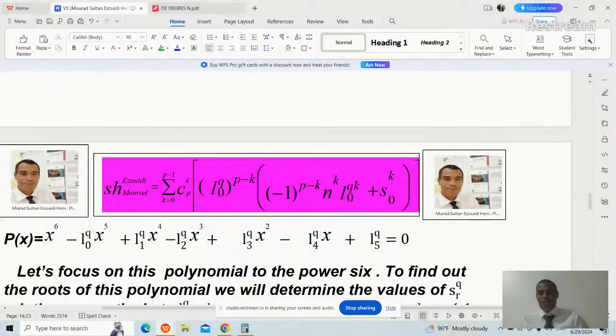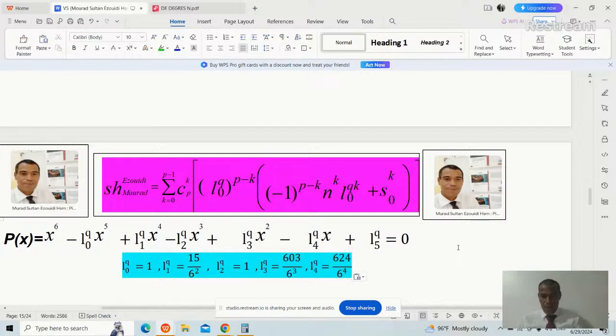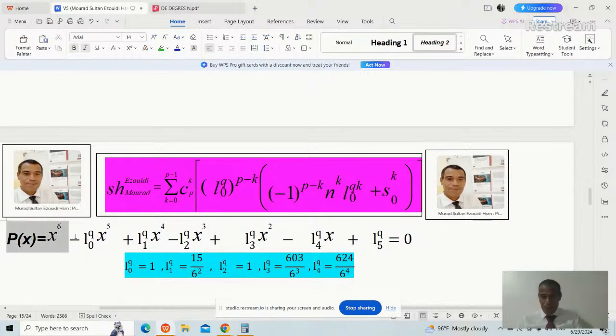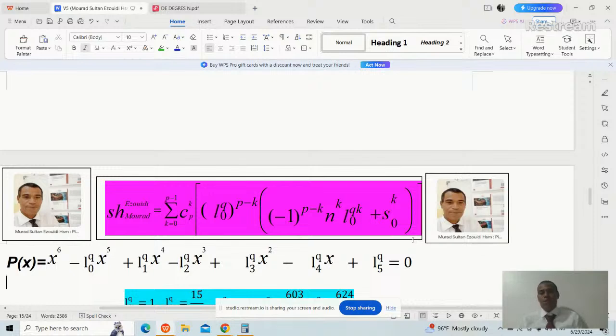Okay, now learners, this is my polynomial. I will write first the coefficient. I will use it after. Okay, this is the coefficient that I will use. Now I will use this also. Okay, copy, Mr. Mourad. Okay, done. Okay, no problem. Okay, this is the polynomial we told.